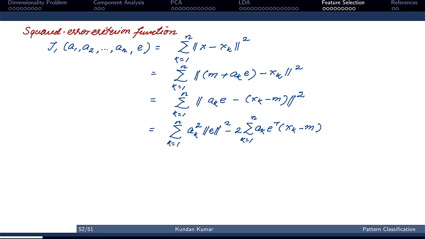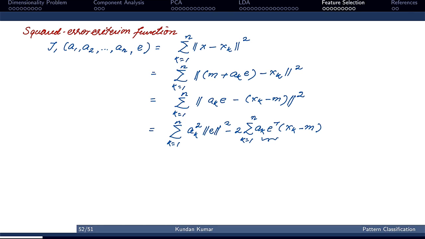One thing can be noticed here, that we have written e transpose, because e is a column vector and we are making it a row vector, so that the computation of this term gives a scalar quantity.